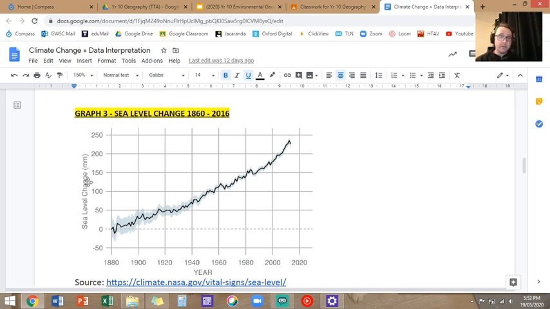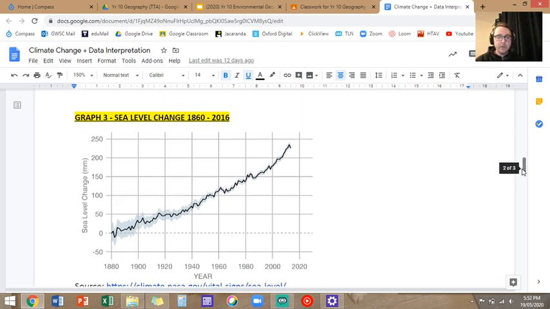So again, a part of global warming, part of climate change, is that the polar ice caps are melting, and if you melt ice into a body of water, that water is going to get higher, larger. So you can see the sea level is getting slightly taller, slightly taller, slightly taller. It's all the way up there in 2016. There you go.